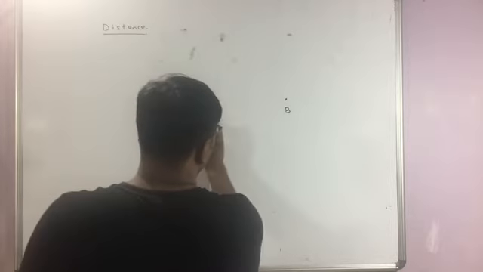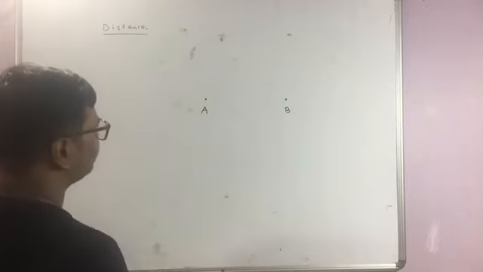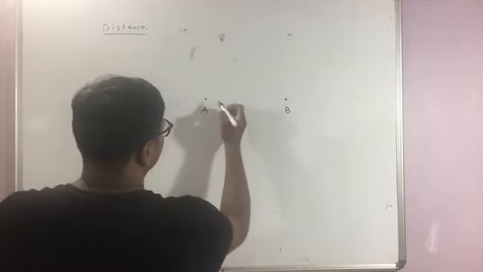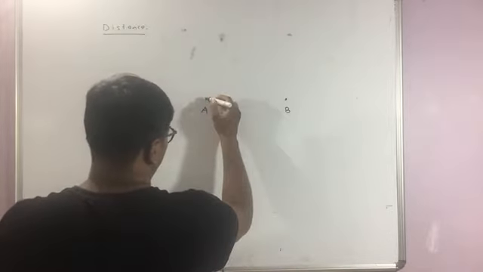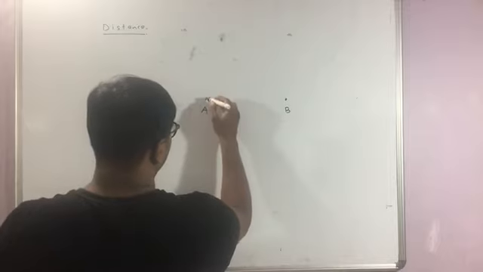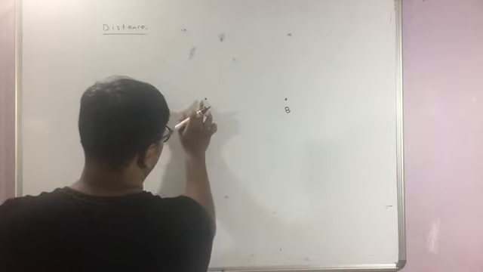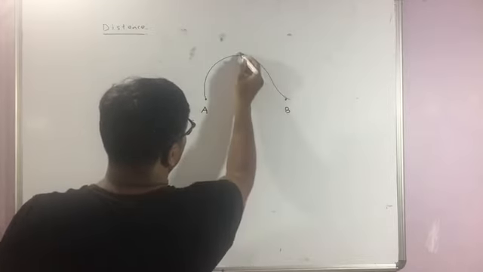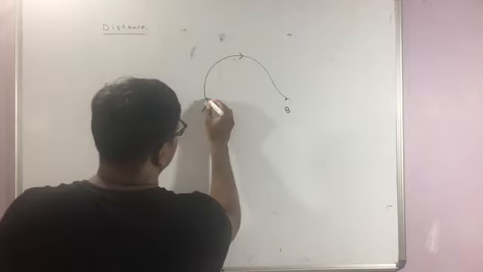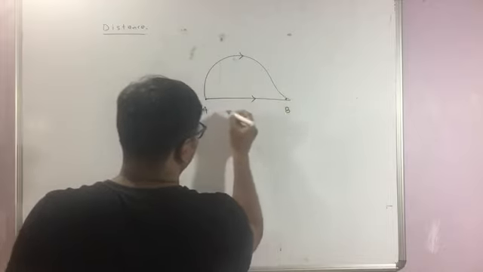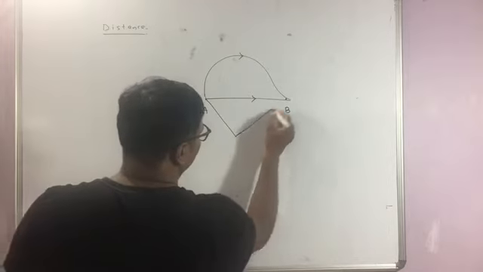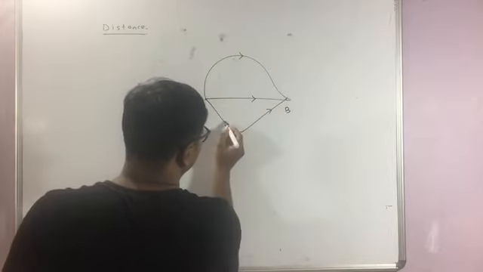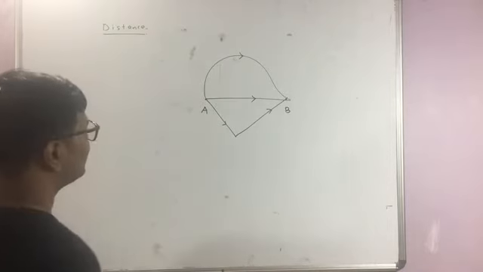To reach B from A you can take any path you wish. Suppose someone takes this path, someone takes a straight line path, someone takes this kind of path. Got it? So what is distance?